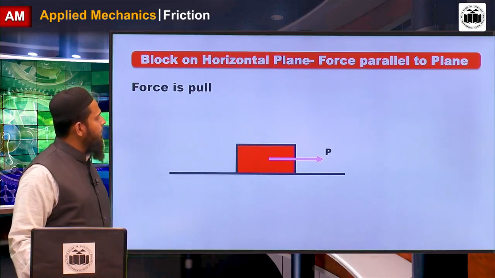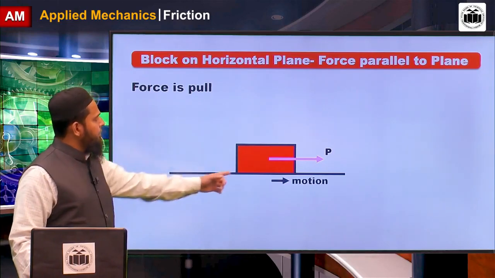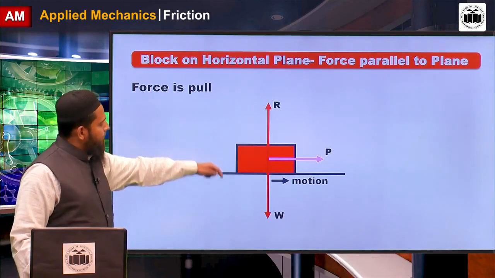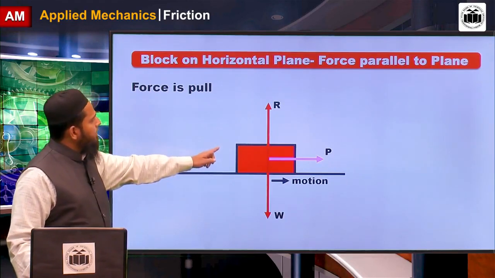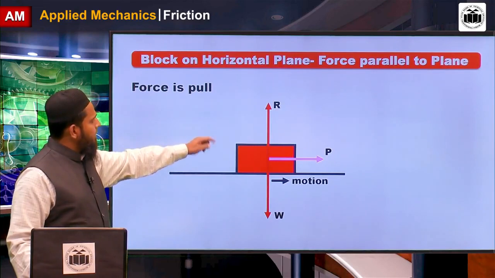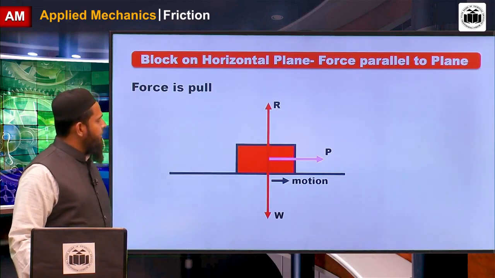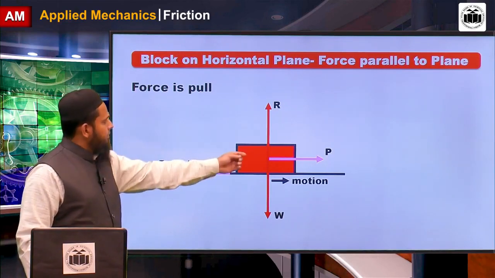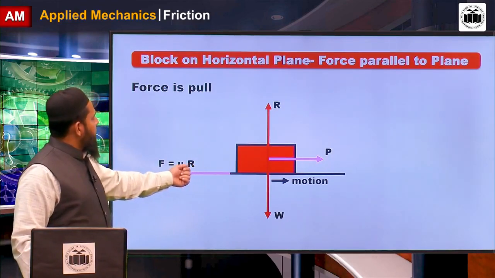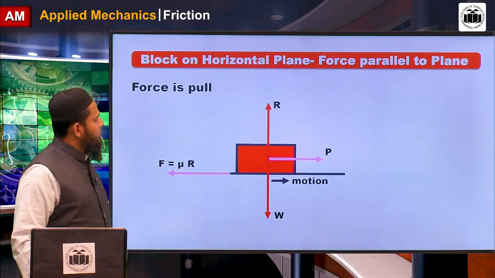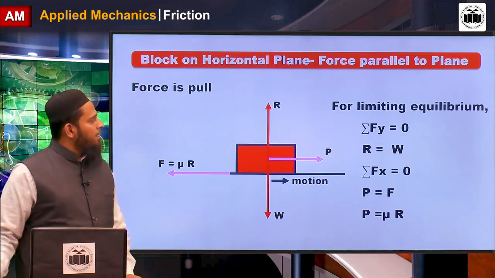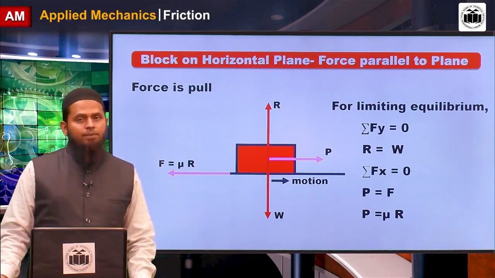What is the free body diagram of this? Self weight is vertically downward, normal reaction is vertically upward, and the most important, when motion is in this direction, it is opposed by the frictional force, which is called mu R. For this, we can use limiting conditions of equilibrium.